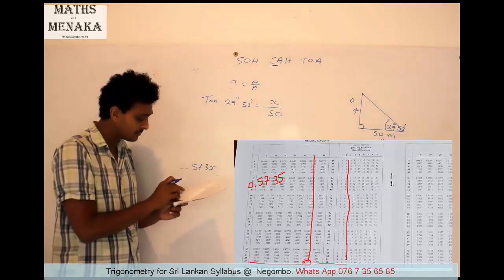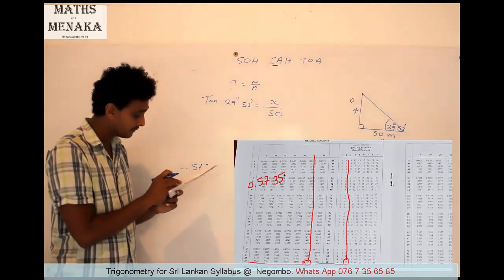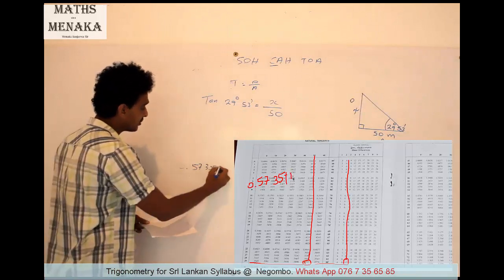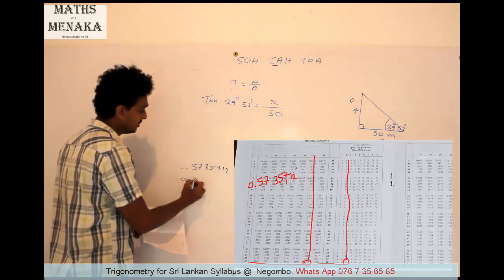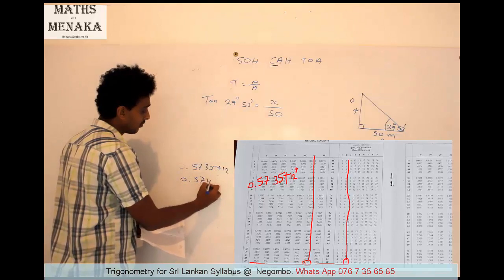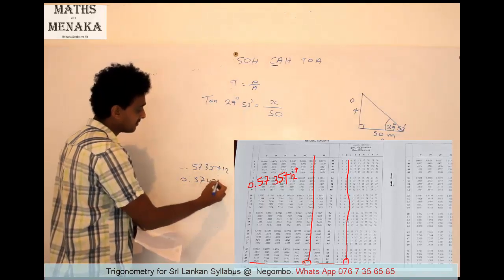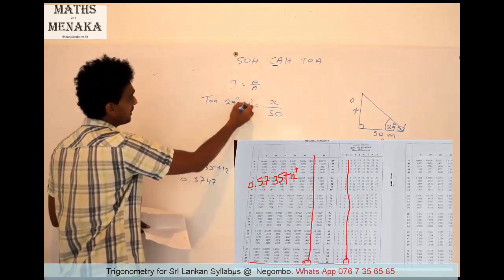Then you have to add the mean difference. The mean difference under the 3 is 12. Add 12 to this one. Then you will get 0.5747. So tan 29 degrees 53 minutes.